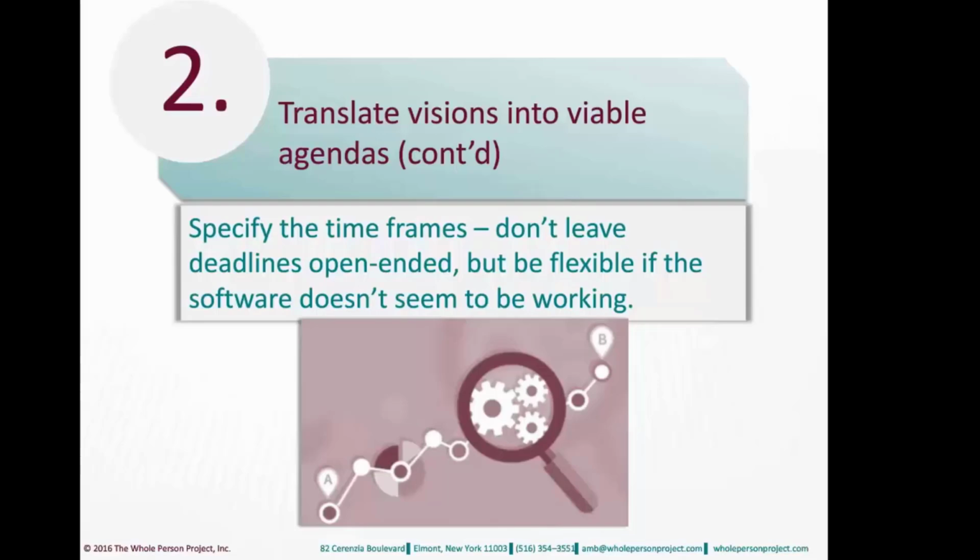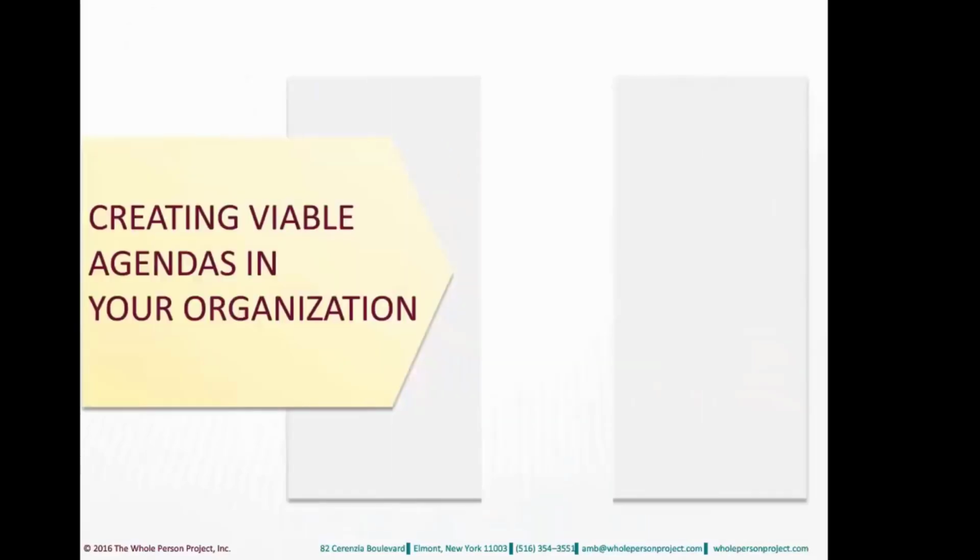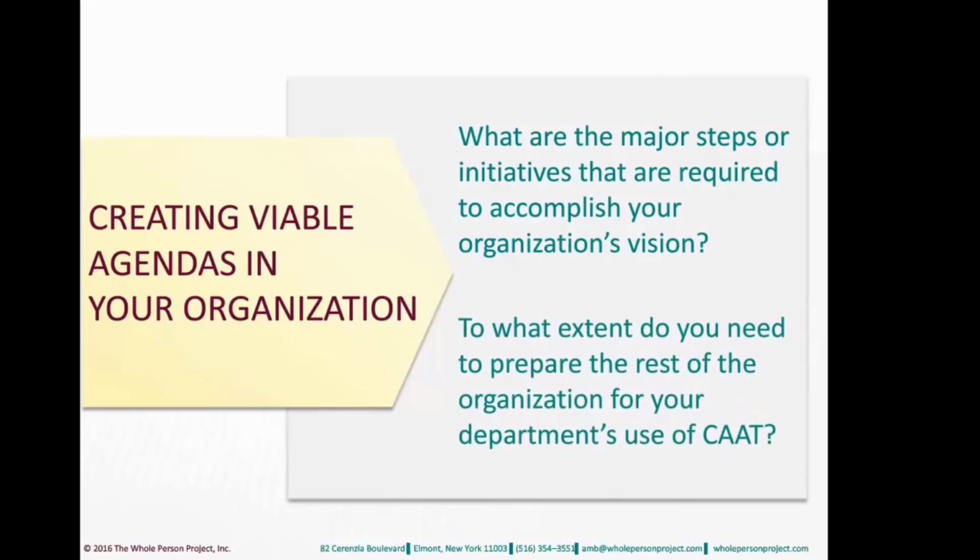And that might be one manageable action that we get those folks up to speed. So as we're taking our vision and breaking it into pieces, what we really need to do is make sure that we've gotten to a level where these agendas are understandable to folks, that people can see the agenda items as projects that they can participate in and work on to accomplish at least a piece of the vision.